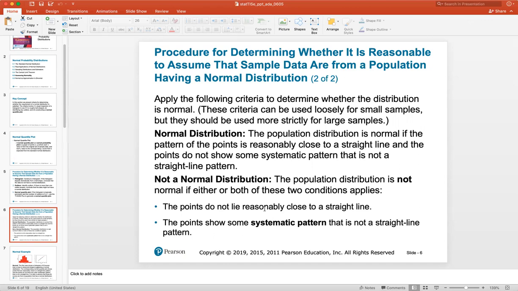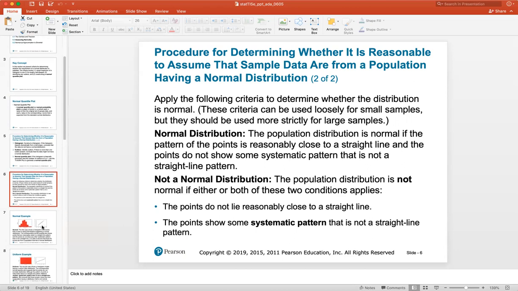I think we need to look at examples of the normal quantile plot first, and then I'm going to explain how to figure out whether the graph shows that the sample data is normal distribution or not.